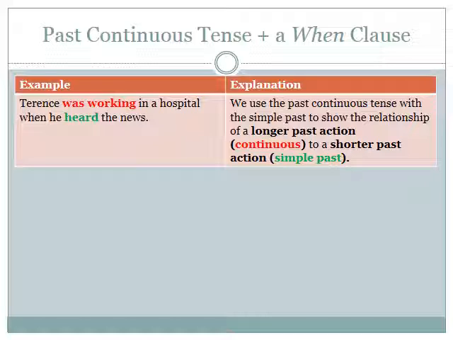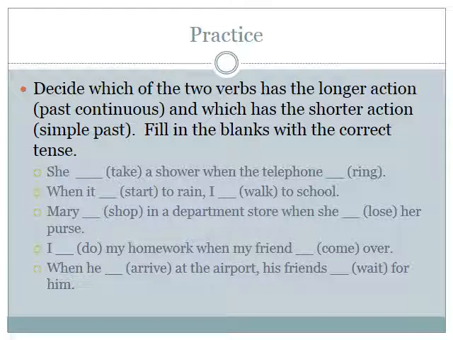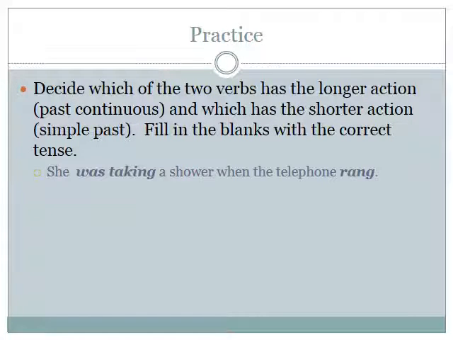The important thing for you guys to remember in this case is that in the when clause, you have to use the simple past tense. So Terrence was working in a hospital, that's the continuous tense. When he heard the news, that's the simple past tense. So let's look at some examples here. So here we say she was taking a shower when the telephone rang.